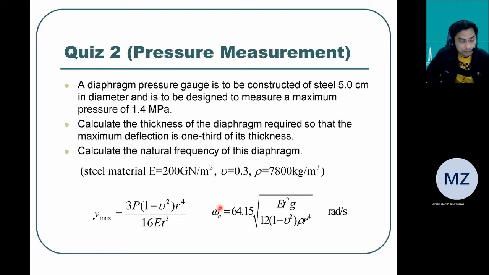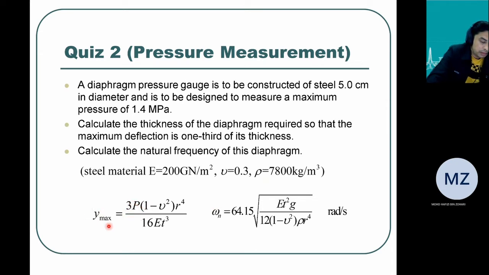So we know from the previous slide that the deflection must be less than 1/3 of the thickness. Then we can use the given equation, y max equals 3P over 16, times 1 minus Poisson ratio squared, and so on, if we want to calculate thickness.